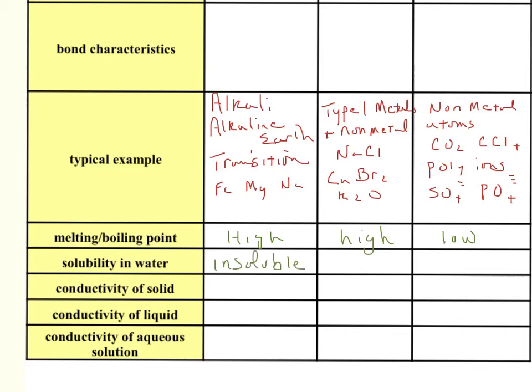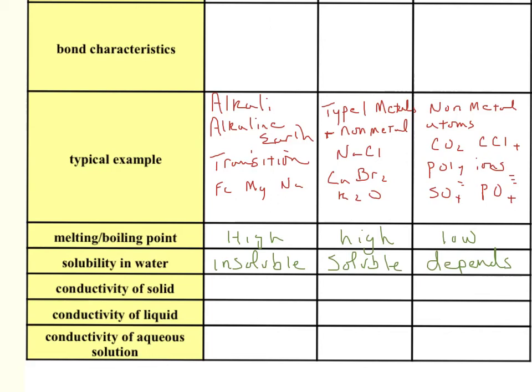Insoluble means they don't dissolve in water. Ionic compounds are soluble, and covalent compounds, I'm going to say it depends. We're going to need to take a look at the intermolecular forces, not intra, but intermolecular forces here, and we'll talk a little bit more about that later.